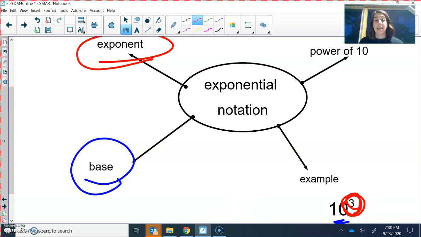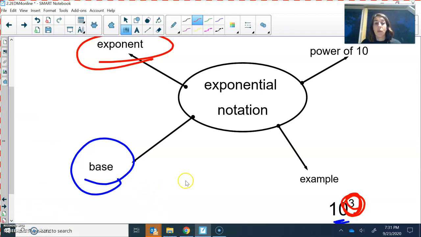What the base does is it tells us the number that is going to be repeatedly multiplied. Let's break that down. The base tells us the number that is going to be multiplied repeatedly. That means multiplied more than one time. The exponent tells us how many times the number is multiplied.